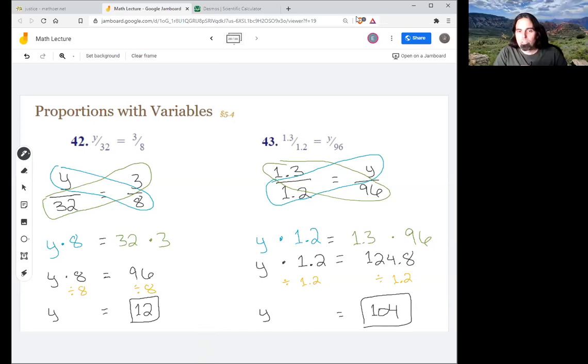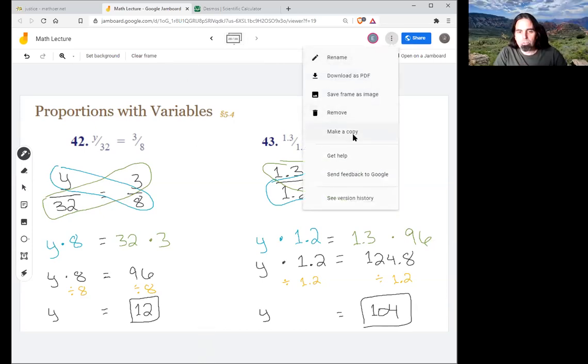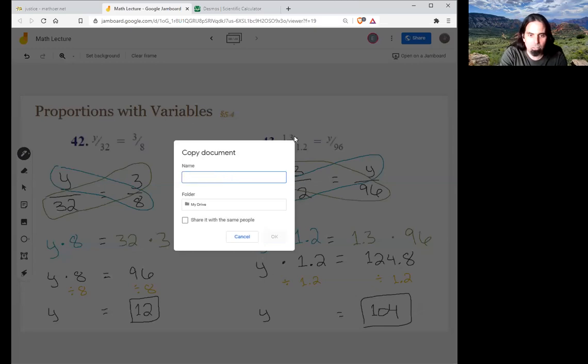We are at 20 out of 20, so to keep going, I need to make a copy of this.